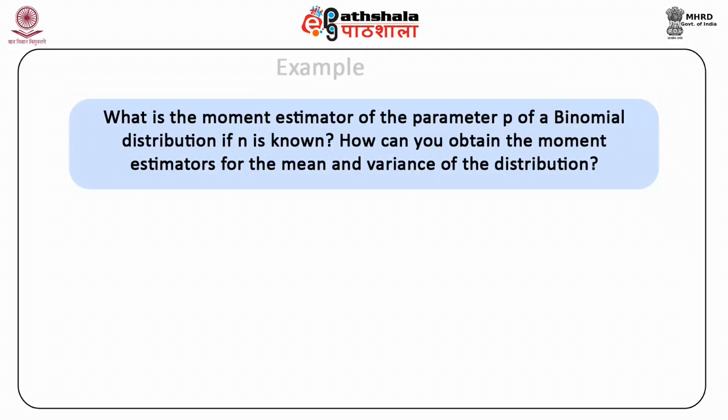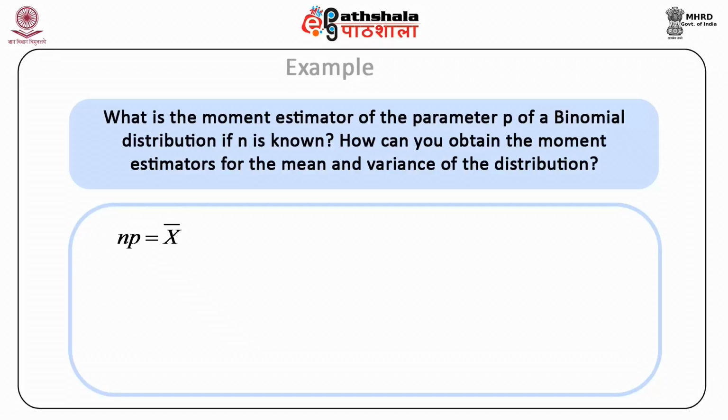Now, students, this can be solved as the first population moment, which is expected value of x, is also the mean of the population. The first sample moment is equated to first population moment, so np is equal to x bar. Therefore, p hat is equal to x bar by n. So in the sample, x bar would read as average number of successes, since x denotes the total number of successes in the sample.